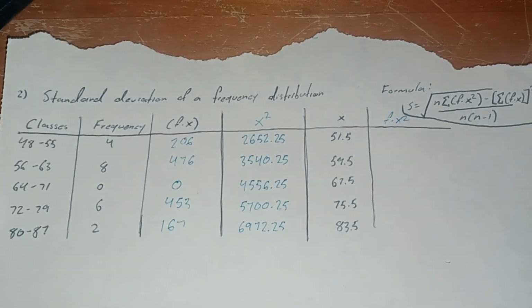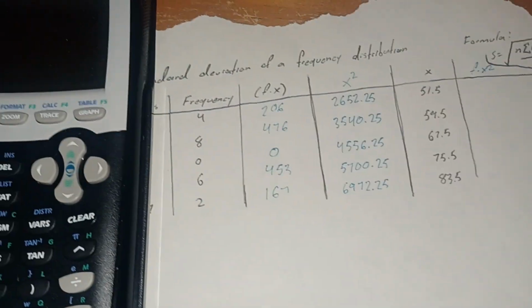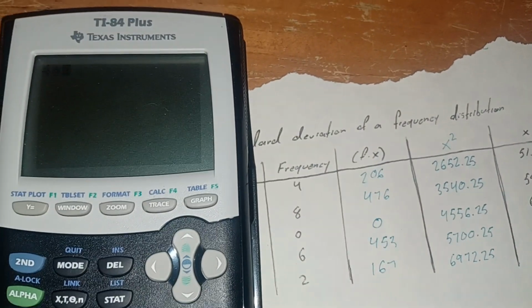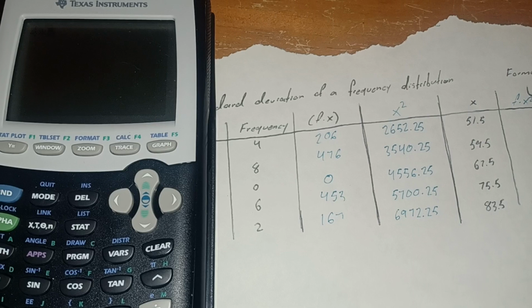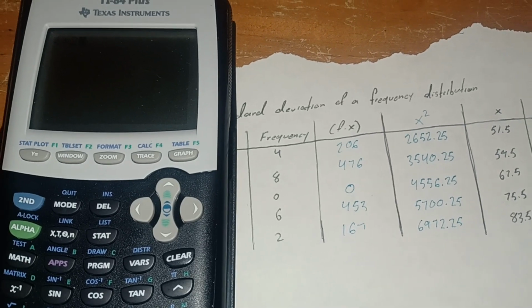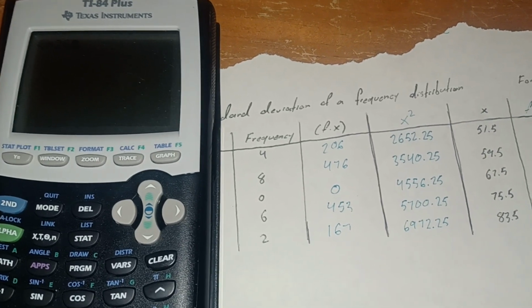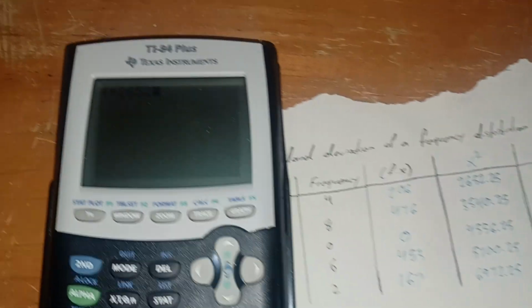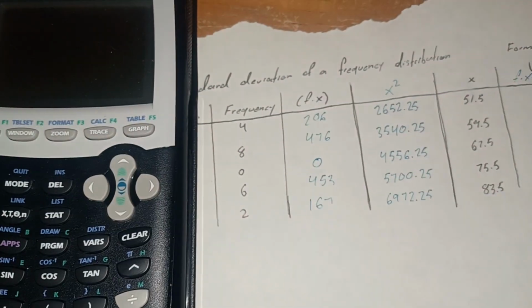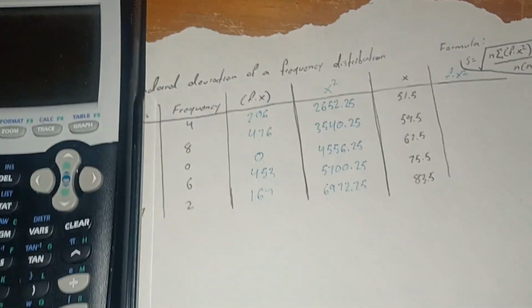Nothing new. So let's go ahead and do a couple of them. So f times x squared. So 4 is your f, times x squared, 2,652.25.